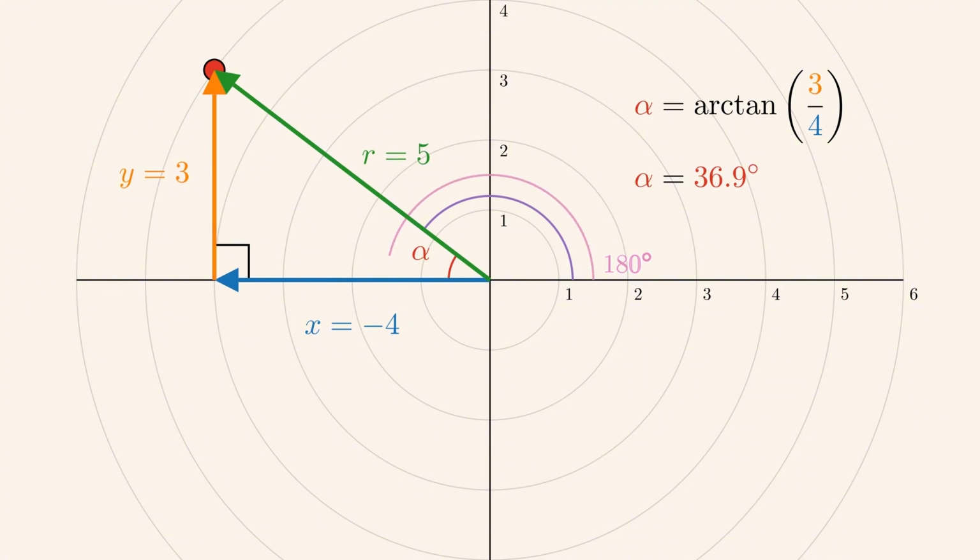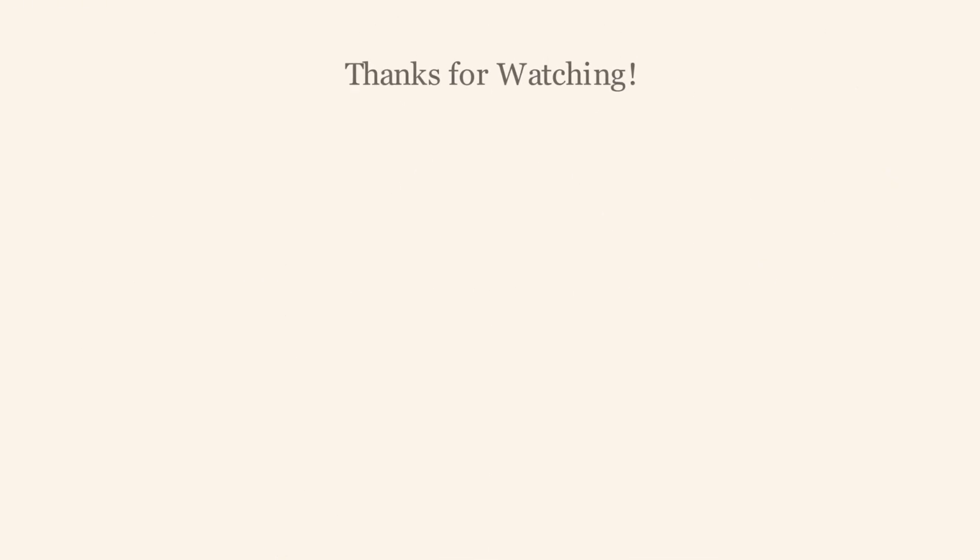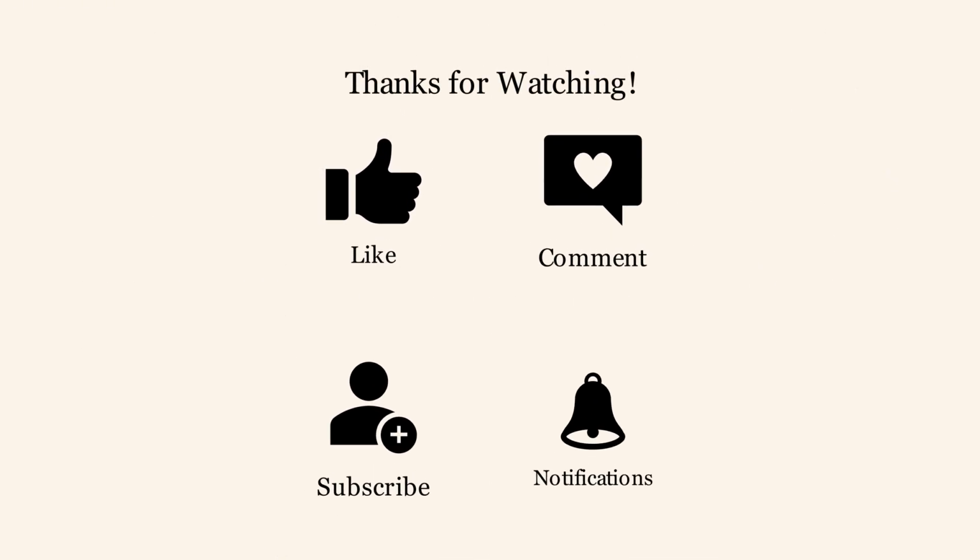We know that the pink angle is 180 degrees, and hence the purple angle must be 180 minus alpha. I recommend sketching the triangle and using this kind of geometric reasoning to determine theta. We now understand polar coordinates.